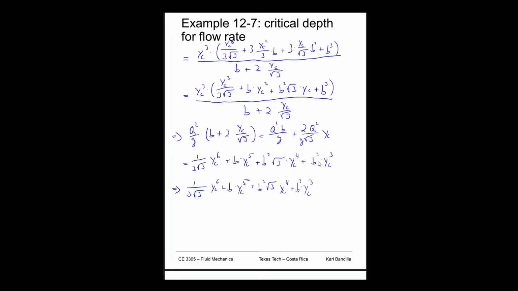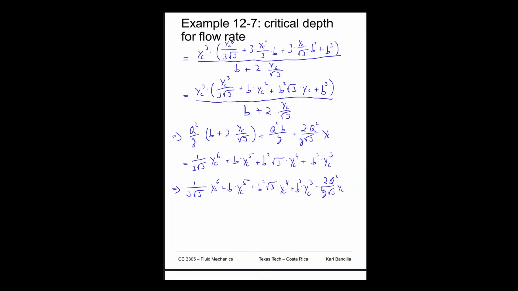Then on the other side we have, so we don't have a square term. So the next one would be plus 2 times q squared over g times square root of 3 times yc. And then we have a constant. Oops, those are all minuses, right? Because we're bringing them over from the other side.